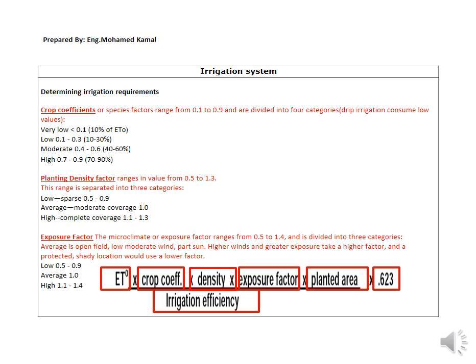If we go to the irrigation efficiency, as an example, drip irrigation has higher efficiency than sprinkler irrigation, as the wasted water from the sprinkler is higher than the drip irrigation.